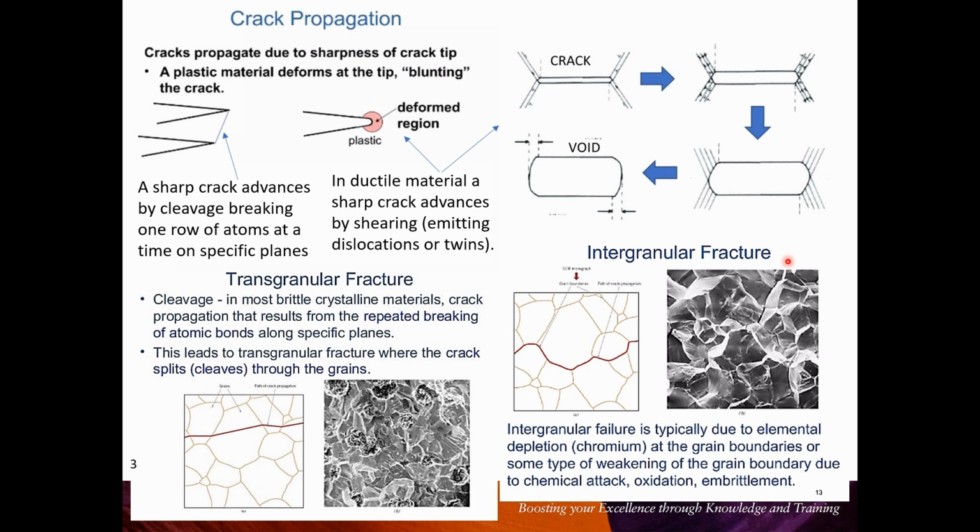However, the grain boundaries are subject to other forms of weakening, and we'll discuss that during the remainder of this presentation. So we have two forms of crack to consider primarily: one is transgranular and one is intergranular.